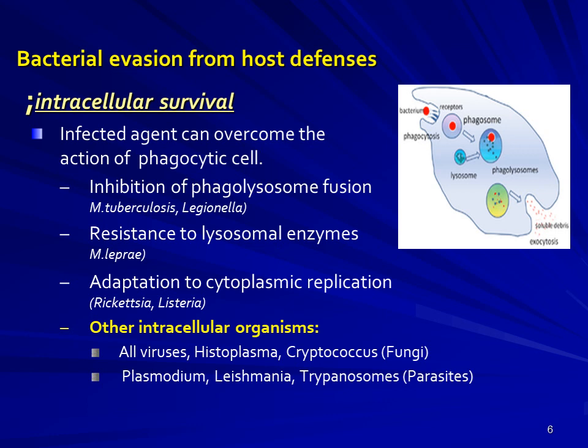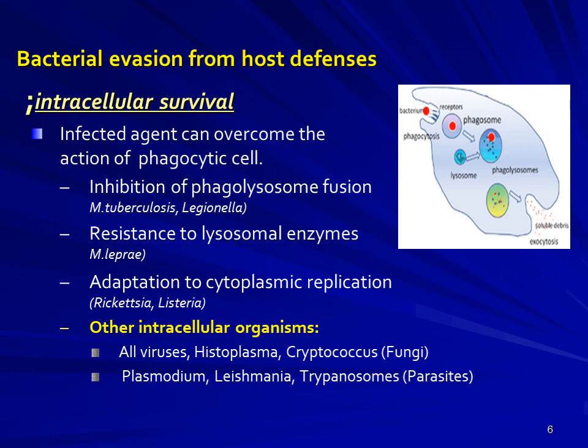they get replicated. In the case of Rickettsia and Listeria, which are intracellular organisms, they enter the cell by means of phagocytosis, and they get adapted to that cytoplasmic environment and get replicated.